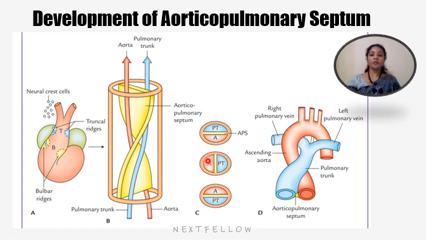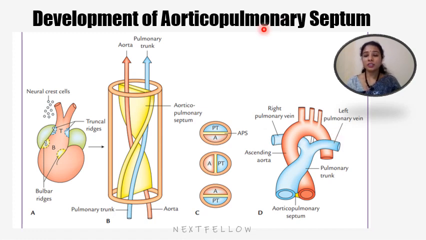In the middle part we can see the aorta and pulmonary trunk on each side. In the upper end we can see the pulmonary trunk lies posterior and the aorta lies anterior. So this is the lower part, this is the middle part, and here the upper part. The arch of aorta is from the fourth arch arteries. The right and left pulmonary arteries are from the sixth arch arteries.